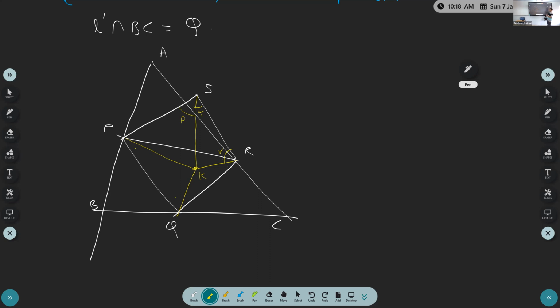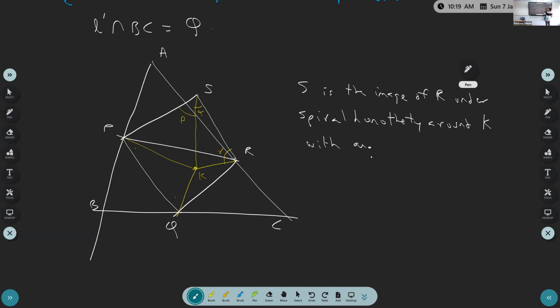Just to give it some name, for example, can I say that S is the image of R under spiral homothety around K?